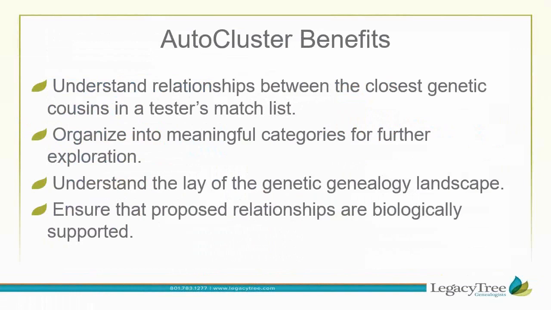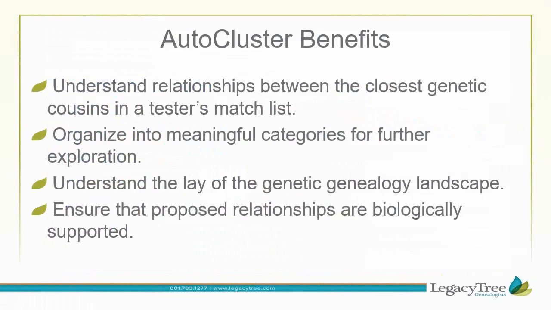Those clusters help to organize our DNA matches into meaningful categories so that we can further explore and determine what does this cluster mean. The AutoCluster is great for helping us understand the lay of the land in the genetic genealogy landscape, for helping us understand who has tested, what ancestral lines might be represented from your own family tree.